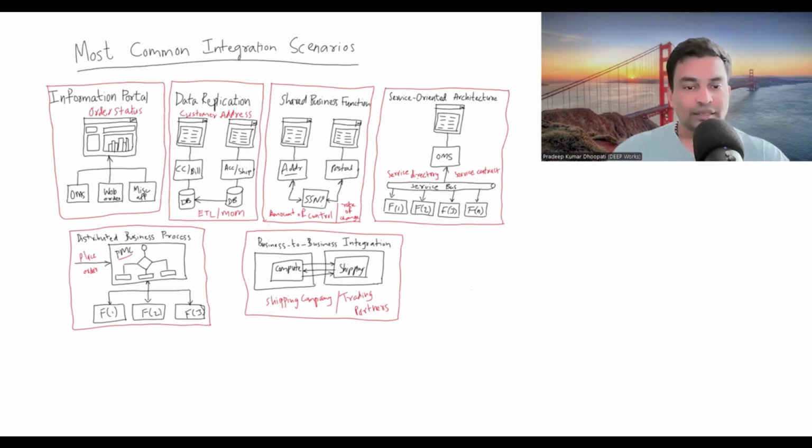And the last integration scenario, but not the least, is business to business integration. So far, we have seen all the different integration scenarios, which are mostly within an organization or within an enterprise, but we can use integration to integrate business to business applications as well.